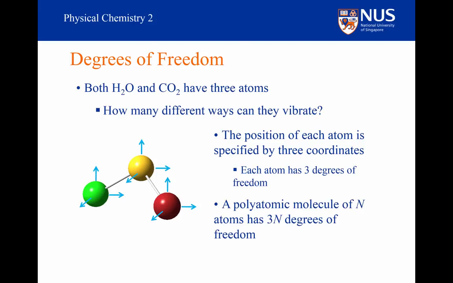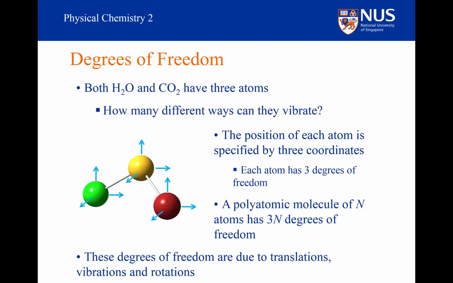If we had a diatomic molecule, then we would need 6 coordinates to describe the motion of both atoms, and thus there would be 6 degrees of freedom. The motion of 3 atoms in a triatomic would require 9 coordinates, and there would be 9 degrees of freedom. In a polyatomic molecule of n atoms, therefore, there are 3 times n degrees of freedom.